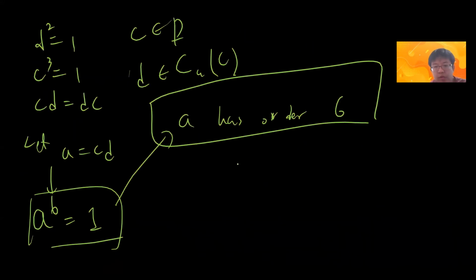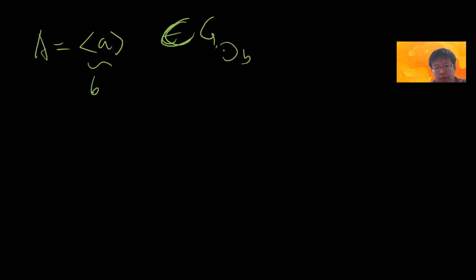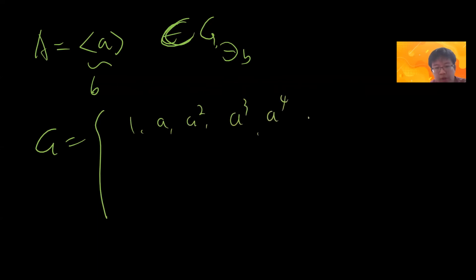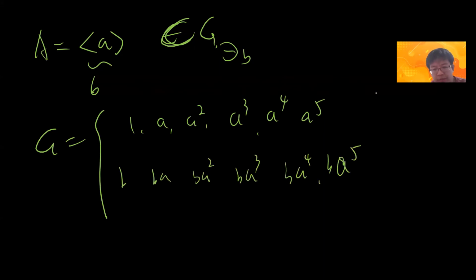Okay, so now it's very easy. Let me just finish the final thing. I can let A be generated by this element A, which is a subgroup of G, and this is of order 6. So you can take a B belonging to G outside of it, and then your group G can be written as 1, A, A squared, A cubed, A4, A5, and then B, BA, BA squared, BA3, BA4, BA5.